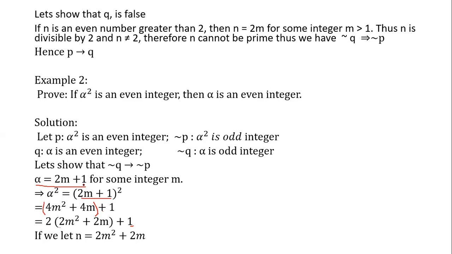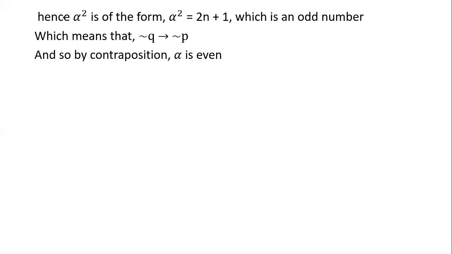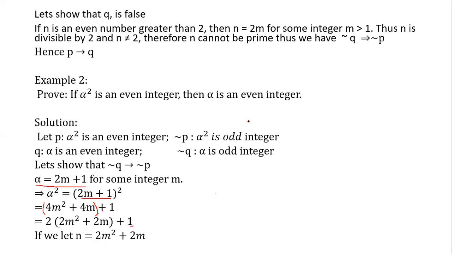How are we getting it? We are saying if we let n equal 2m squared plus 2m, then by substitution we get alpha squared equal to 2n plus 1, because we are letting the bracket be equal to n.